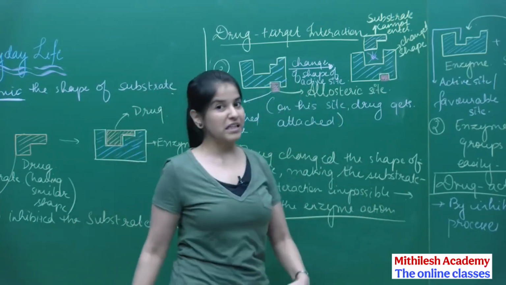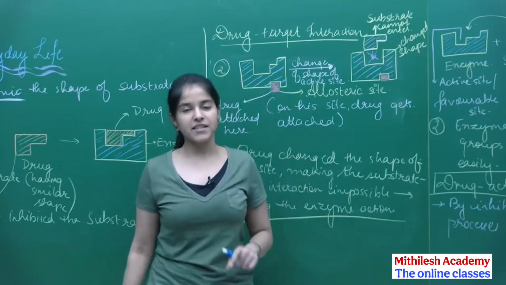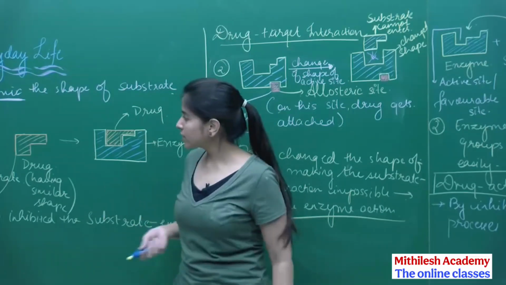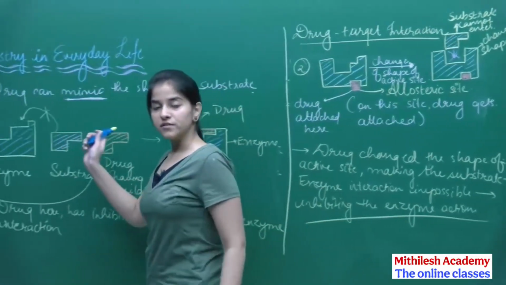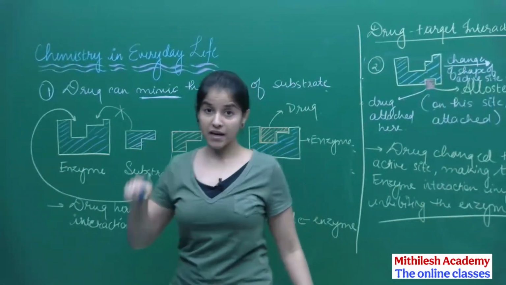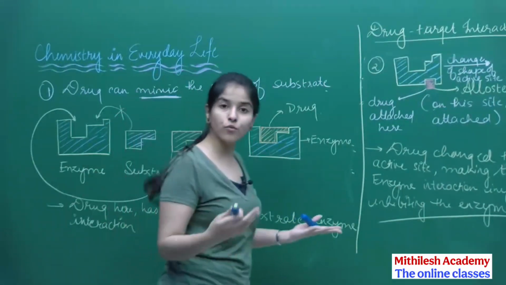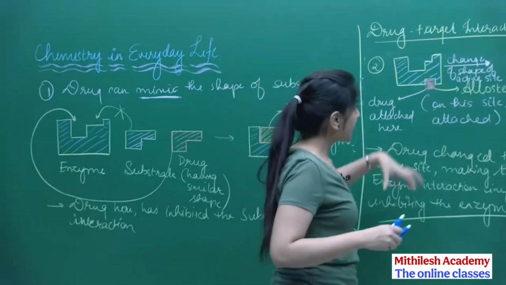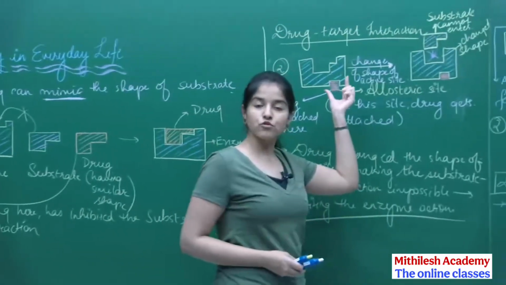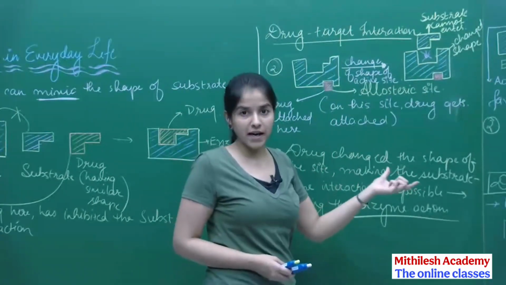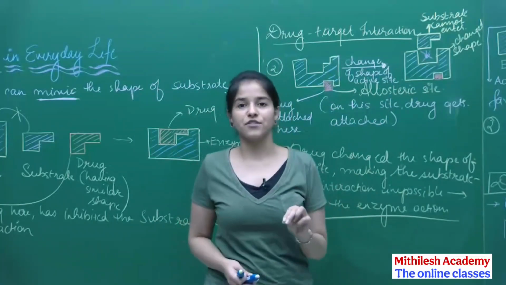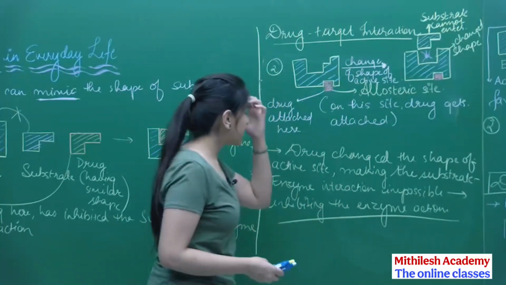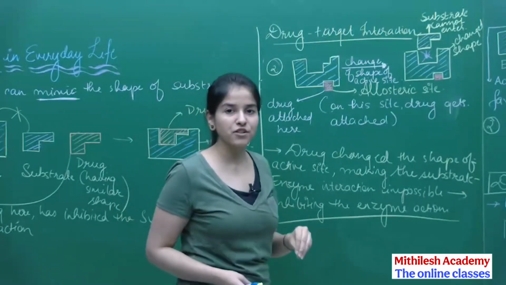So such evil is the drug. What it does is, it can either mimic the shape of the initial substrate and itself get attached, or it binds onto some of the allosteric sites and it can even change the shape of the active site, thereby inhibiting the enzyme action.